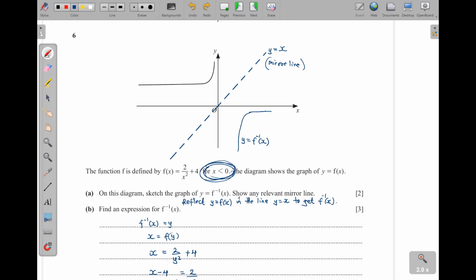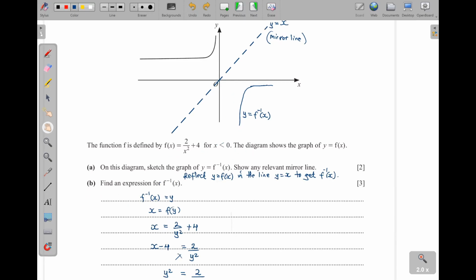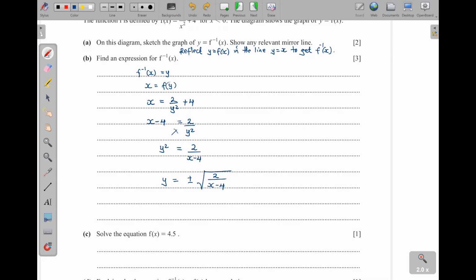If the domain is for negative values, they have used less than or equal, then pick the negative. If it is greater than or equal, pick the positive. So our f inverse is going to be equal to minus the square root of 2 over x minus 4. As simple as that.